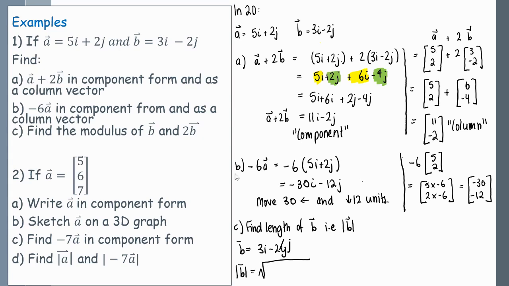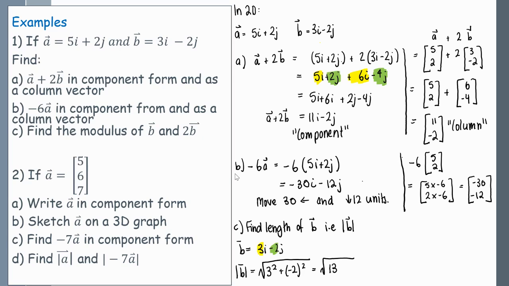And then we take the square root of our first component, 3 squared plus -2 squared. So we'll have the square root of 9 plus 4, and we can simplify that to the square root of 13. So that's the length of vector b.